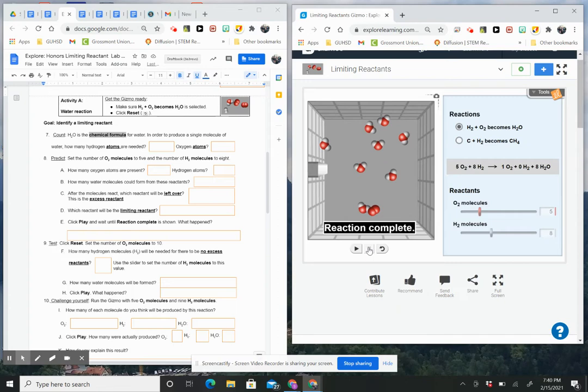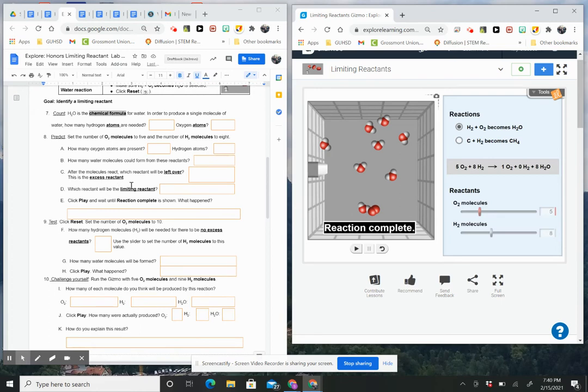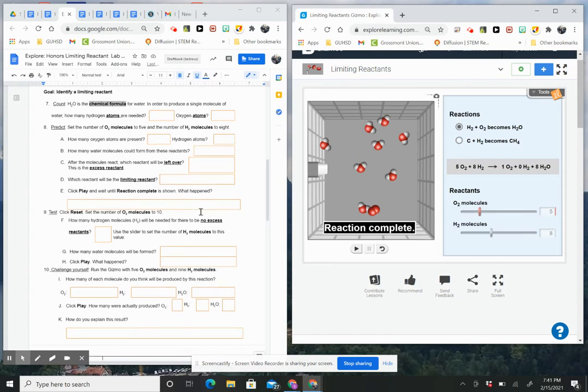Then you're going to determine what your limiting reactant was and what your excess reactant is. Whatever's left over is excess. Whatever is used up is your limiting reactant, because that's what controlled your reaction.